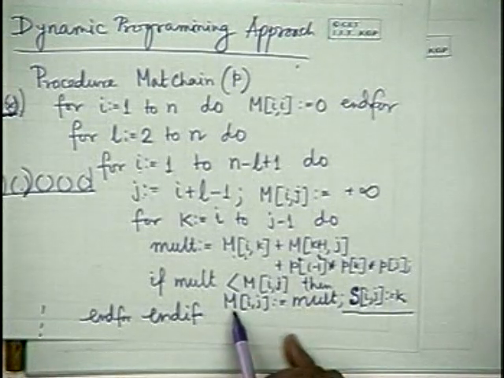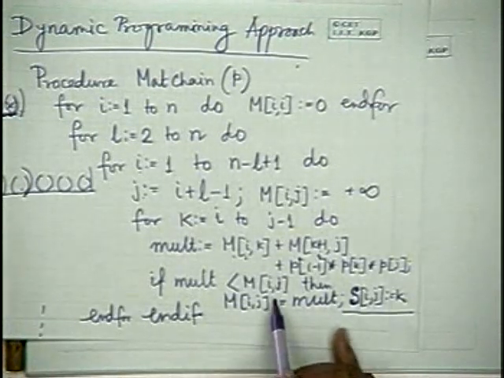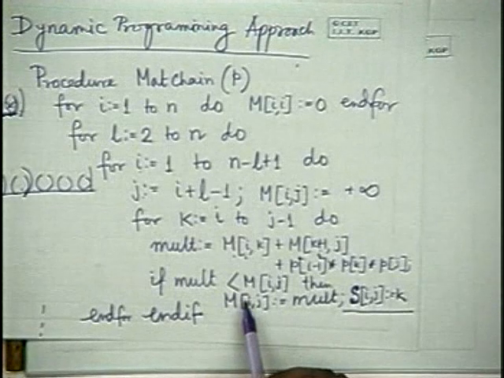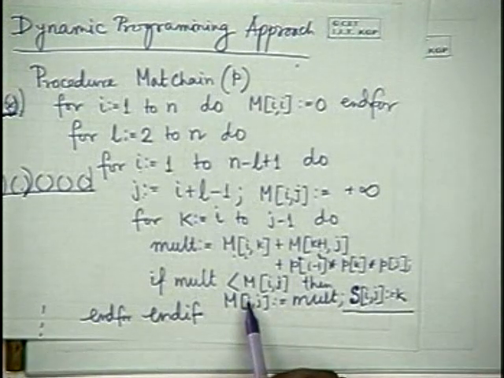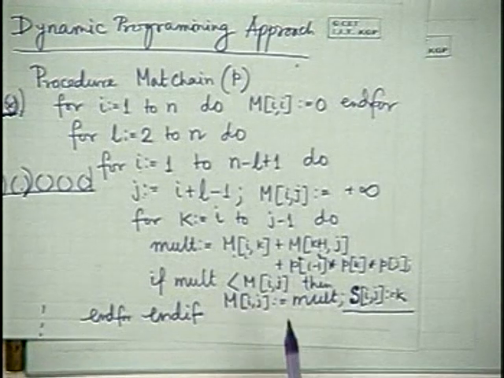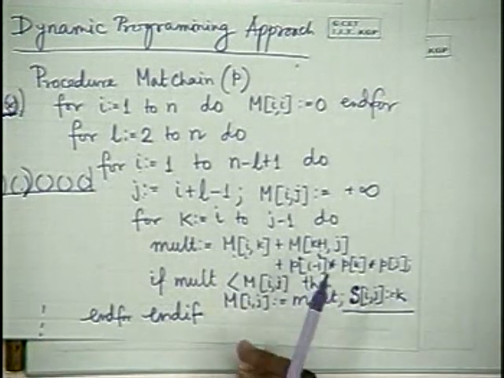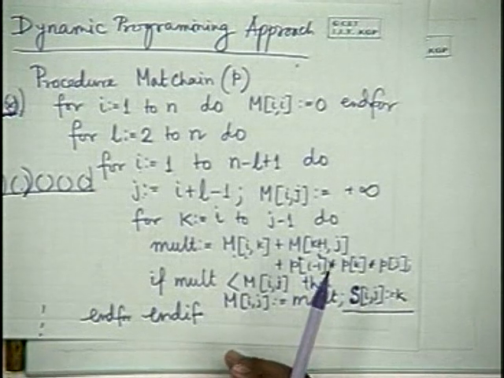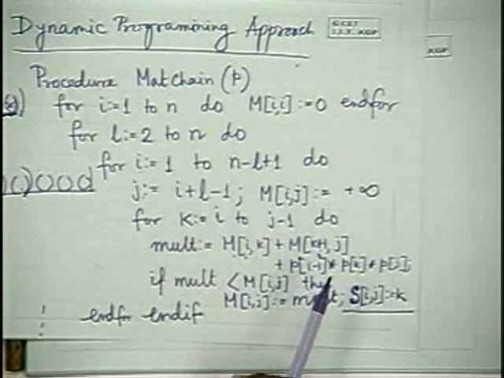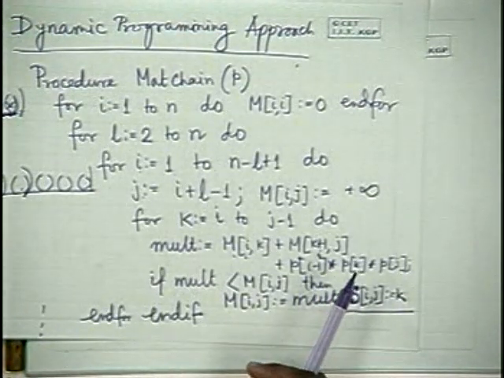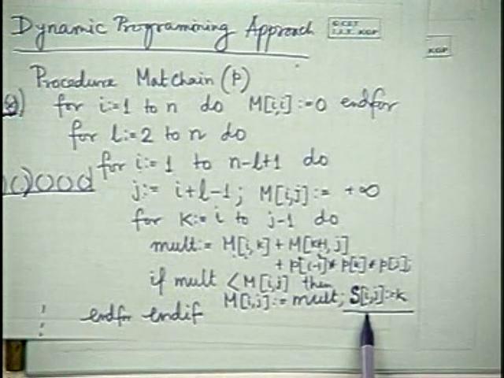Every time you are doing Mij is equal to mult, that means you are updating the value of Mij. What you want to keep track of is the value of k where you are cracking it, which gives you the minimum. That's what is ultimately needed to produce the actual parenthesization.